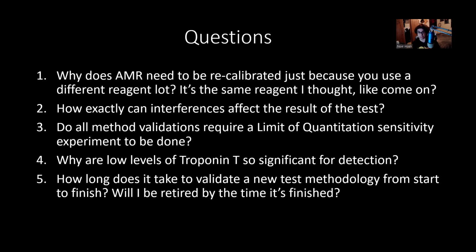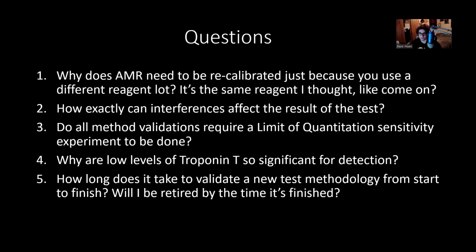So that's a really low amount to be detected. So the low levels are extremely significant in this case. Most people should have 0 to 0.01 to be normal. Anyone above that, there's some issue going on. So you really want to detect the low levels when troponin T is being validated.